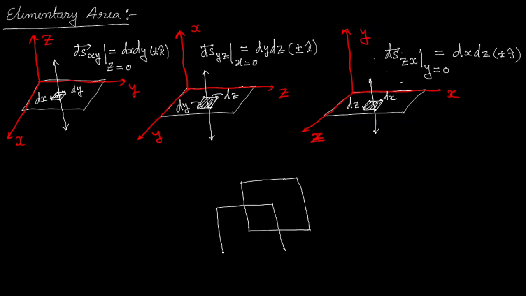Let's say this is a cubic surface, a cube of side A. Consider that the origin of the rectangular coordinate system lies at one corner of this cube, and the sides of this cube are parallel to the x-axis, y-axis, and z-axis.